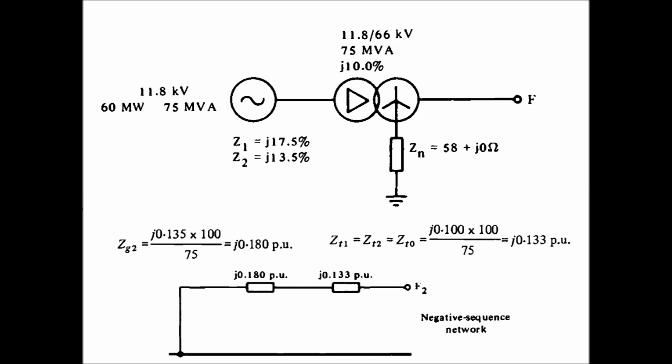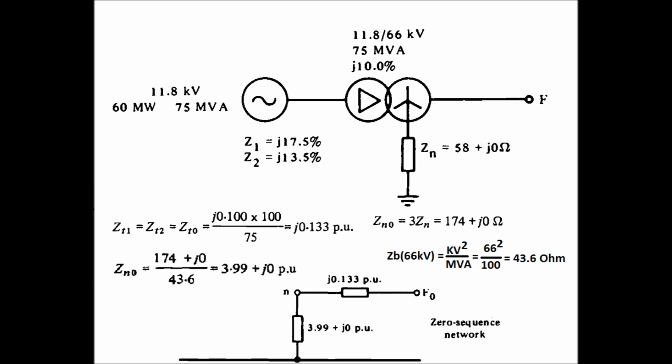And the negative sequence impedance of the transformer is 0.133 per unit. For drawing the negative sequence network, there will be no source voltage, only the negative sequence impedances in per unit of the generator and transformer.